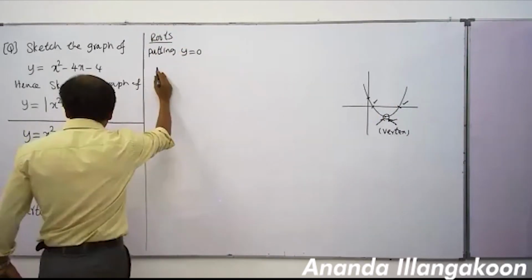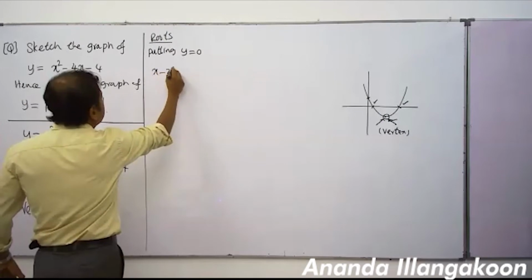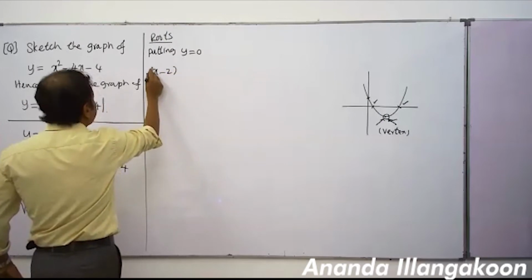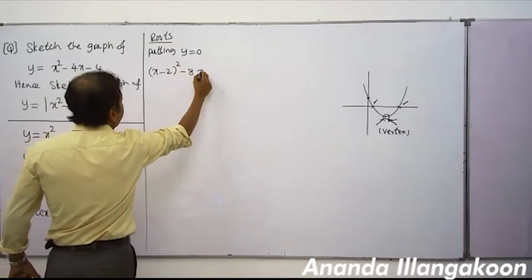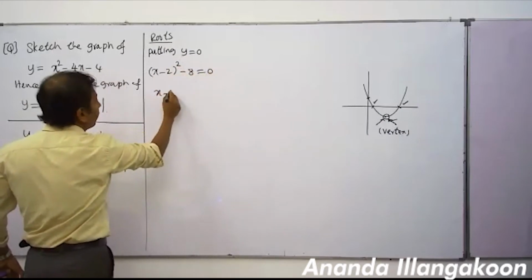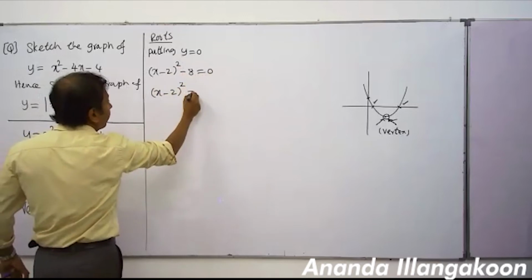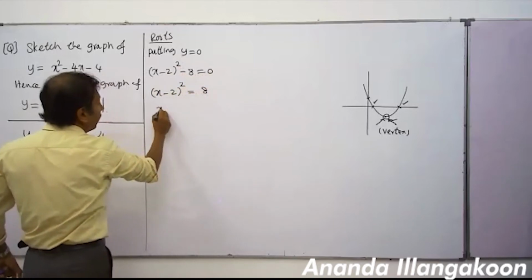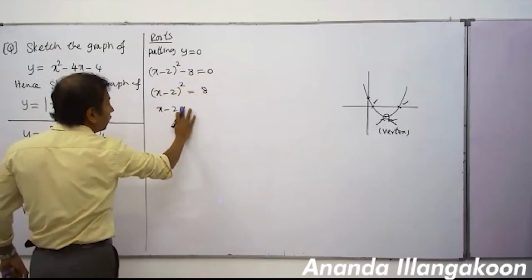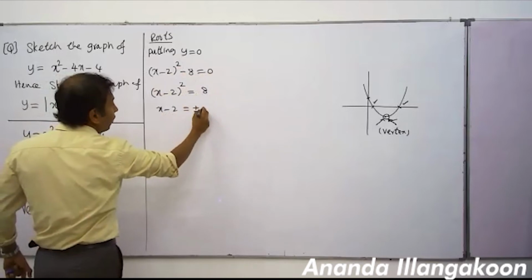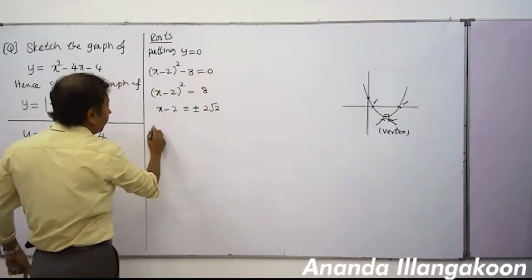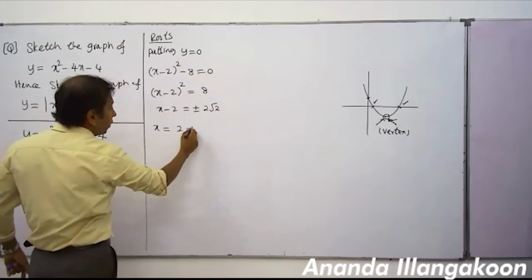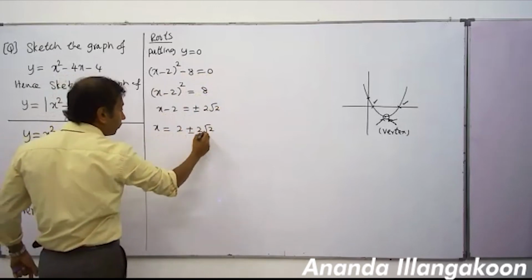Right. So then we get x minus 2 perfect squared minus 8 equals 0. Then we can write x minus 2 equals plus or minus root 8. Root 8 means people, 2 root 2, no? X equals 2 plus or minus 2 root 2.